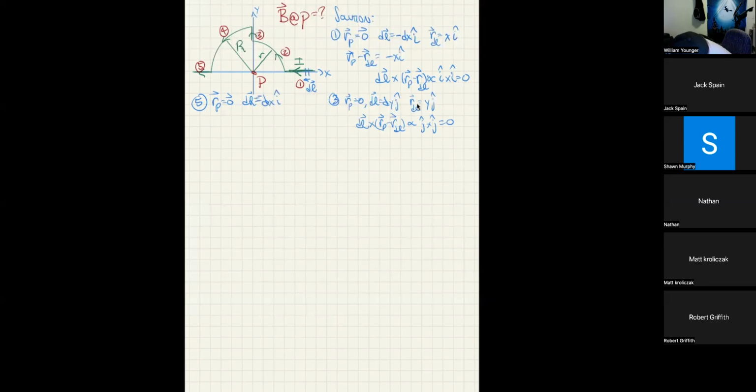And then RDL is going to be negative X I hat. So again, DL cross RP minus RDL is going to be proportional to I hat cross I hat, which equals 0. So the magnetic field of any wire pointing into or out of P is 0.